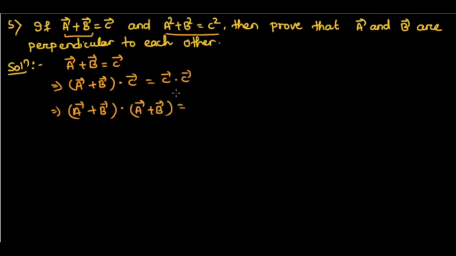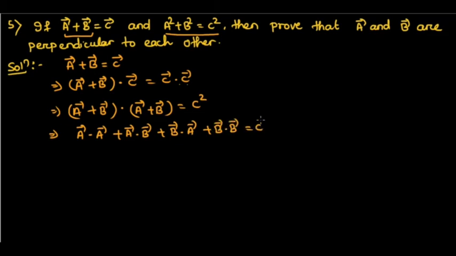On the right side we have c vector dot c vector, that will be equal to c square. I mean, we have solved this in the previous question. So again apply the distributive property: a dot a plus a dot b plus b dot a plus b dot b is equal to c square.